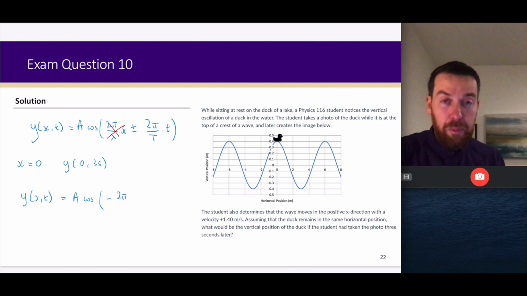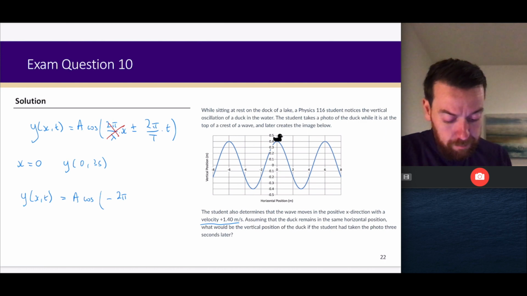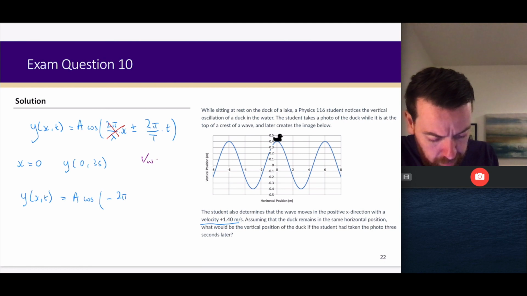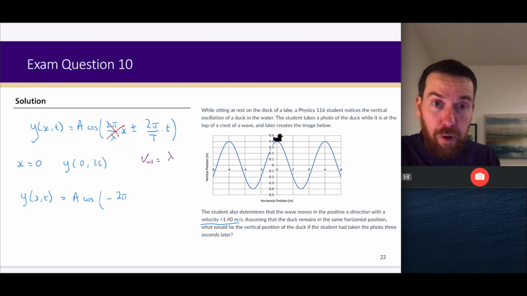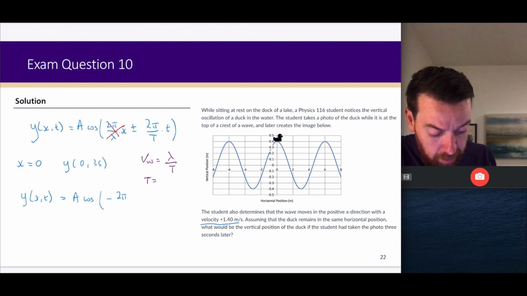Now we're not given the period, we're only given the velocity and the wavelength. As a separate note, the velocity of a wave is given as how far it travels in one period. We travel the wavelength in 1 full period T. So T itself would be equal to lambda divided by v wave.